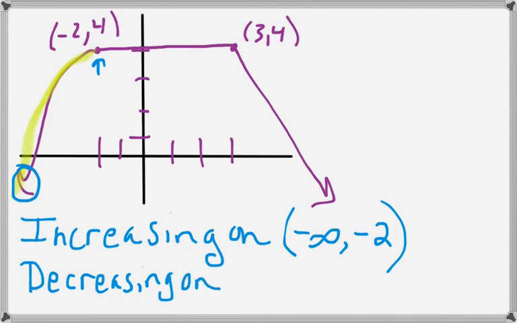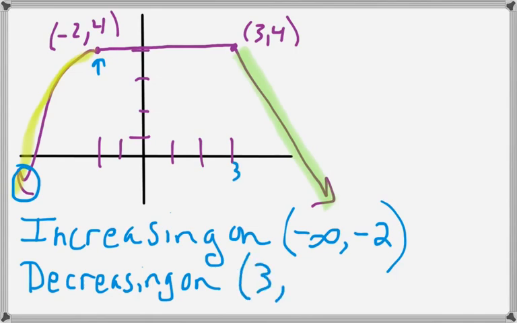If we look for where this function is decreasing, decreasing means going down from left to right. So this piece of the graph is decreasing. It's going down from left to right. If we look at the left end of this interval, we're at an x value of 3.